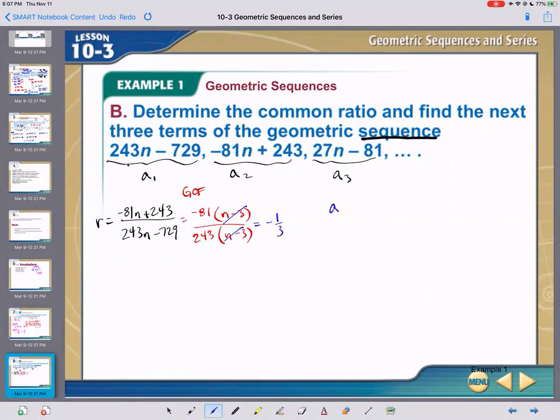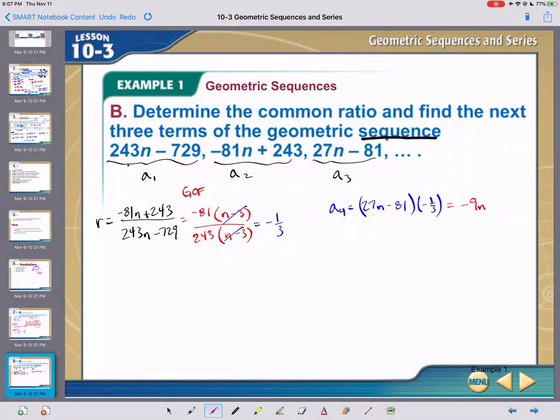So to find my fourth term, I would take my third term, which is 27n minus 81, and I'd multiply all of that by negative 1/3. I'm going to do a little quick mental math here rather than going back and forth to the calculator. 27 times negative 1/3 is like saying 27 times negative 1, which is negative 27, but then dividing it by 3, I get negative 9.